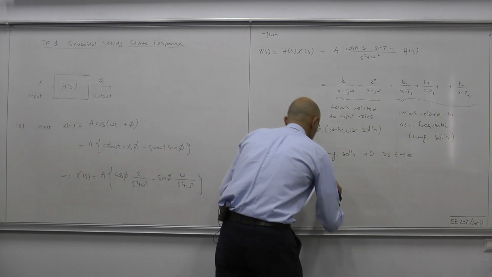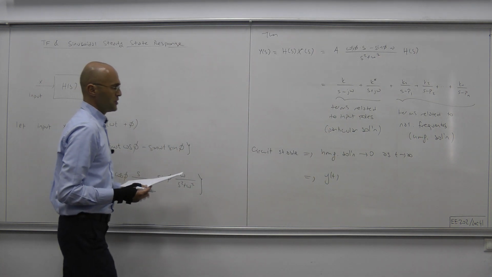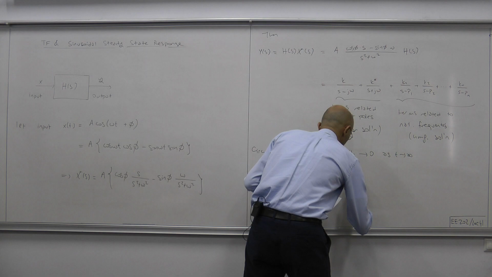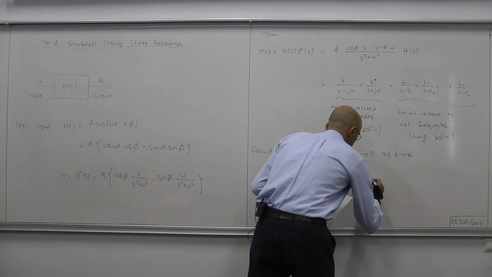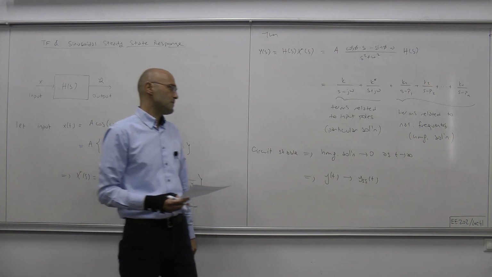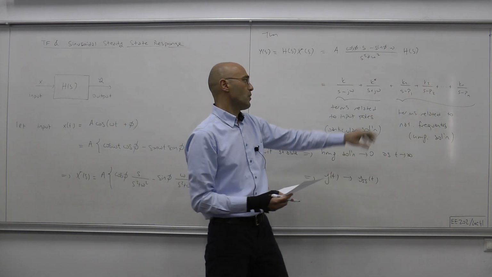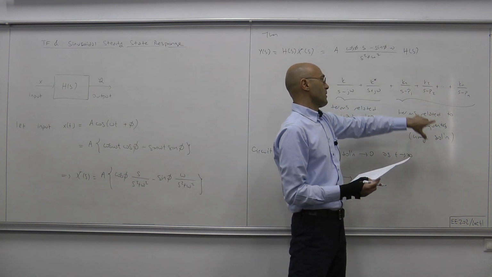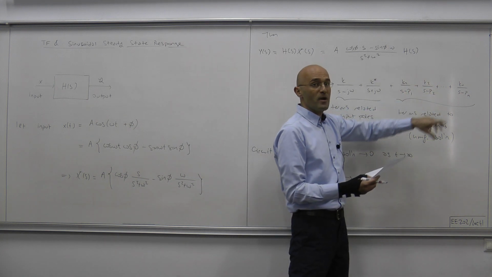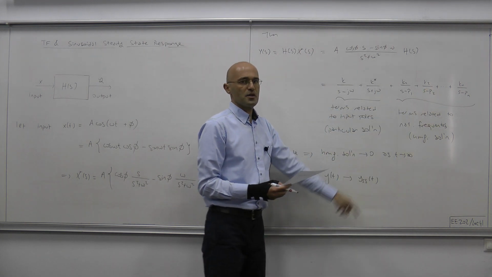So that means y of t converges to what we call the steady state solution. That is the solution when these terms are ignored, or when the time domain signals represented by these terms converge to 0.